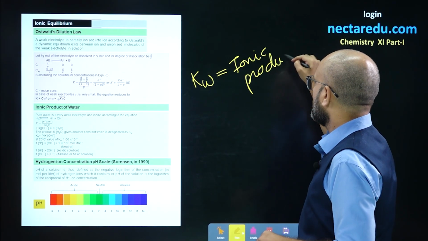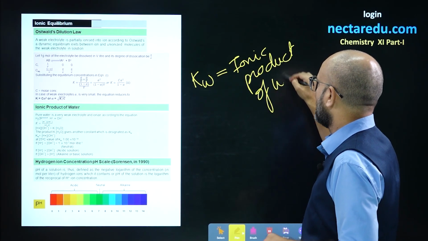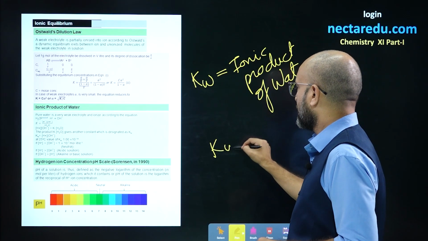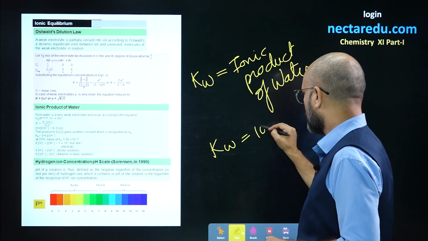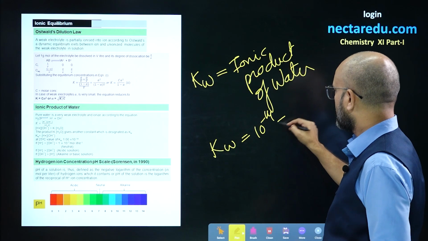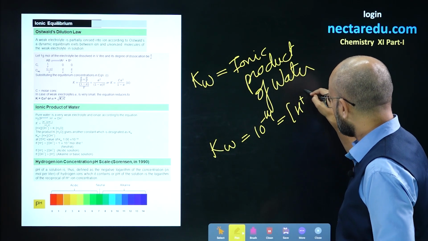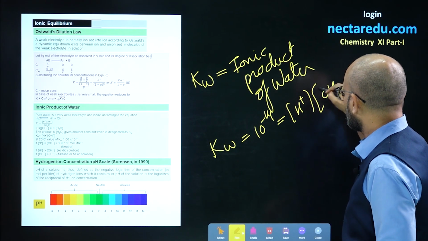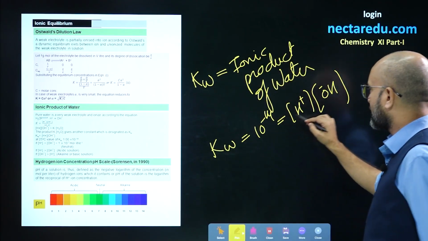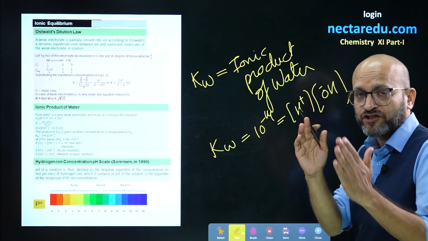Its value at 25 degrees Celsius is 10 to the power minus 14. This equals H plus concentration into OH minus concentration at 25 degrees Celsius, that is room temperature.